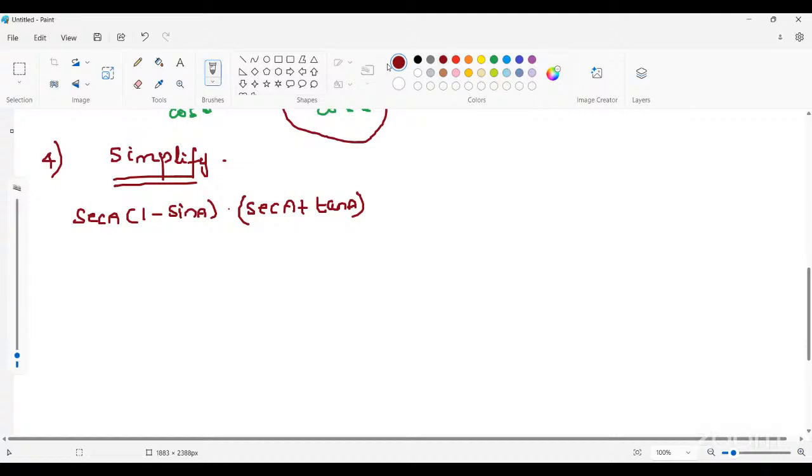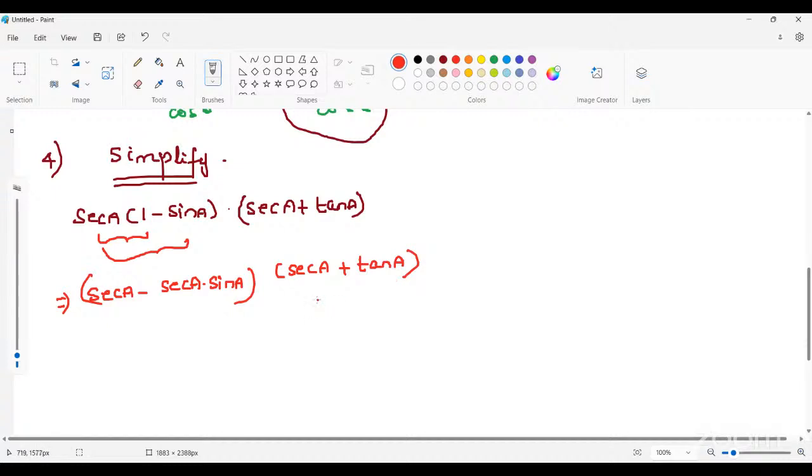Now, let us start the sum. We'll multiply this into this. Then we will multiply this into this. Okay. So what happens? Secant A into 1 is secant A minus secant A sin A. Then we have secant A plus tan A. Right?